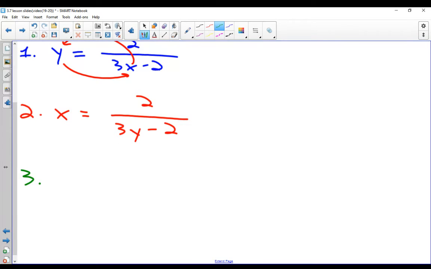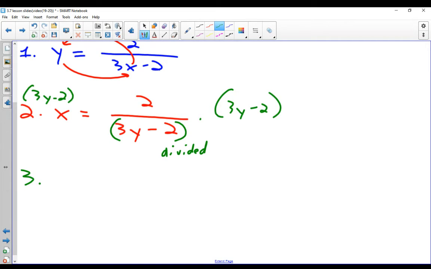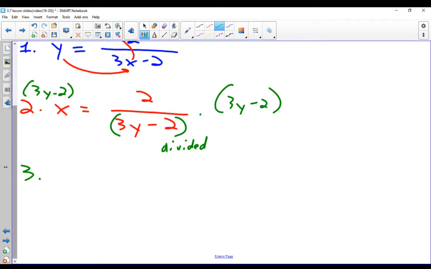Now, if you're thinking that, there is a way to rewrite this so that the y is not on the bottom of the fraction. Think of it as the 3y minus 2 is being divided. And of course, maybe to help us rewrite it, think of it as, instead of dividing, what if we multiplied 3y minus 2 to both sides? So then on the left side, I'd be taking 3y minus 2, multiplying it by this x.